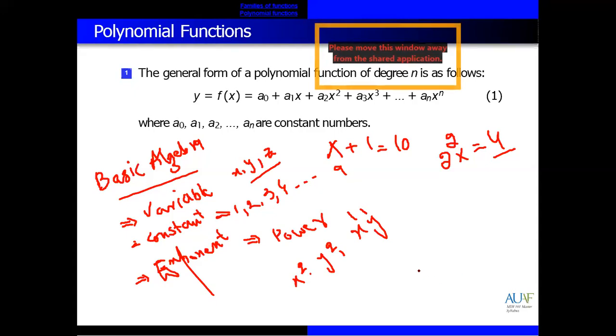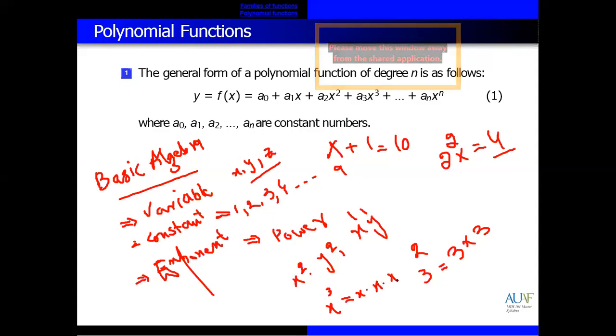If you write, for example, 3 square, this means that 3 multiplies with itself 2 times. 3 multiply with 3. Like for example, if I write x power 3, this means that x multiplies with x 3 times. x dot x dot x. So basic algebra depends upon three things: a variable, constant, and exponent.